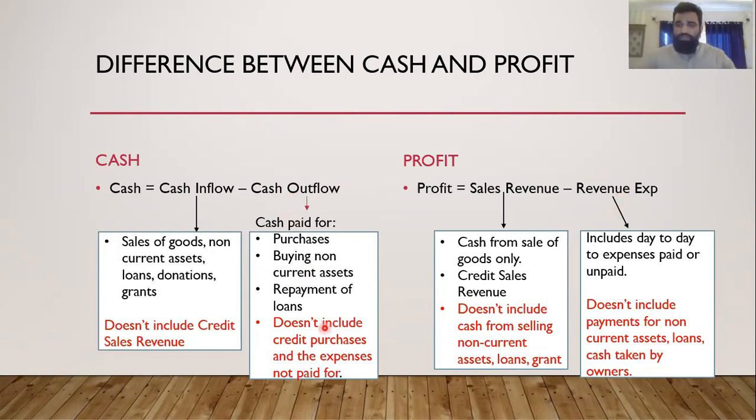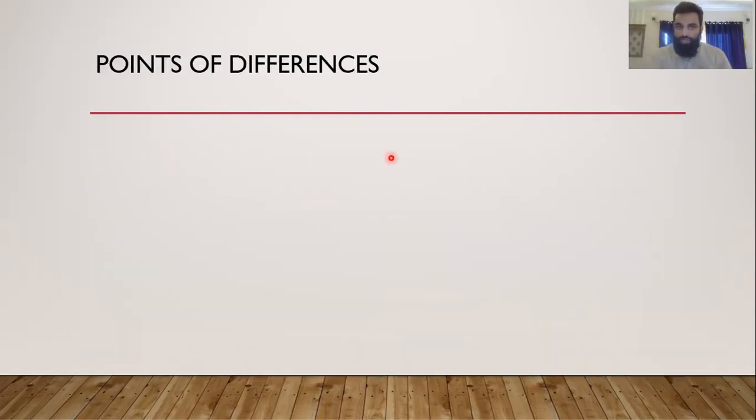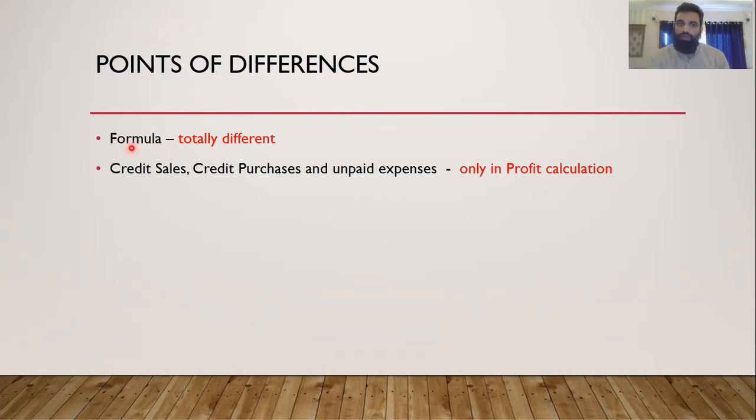So for all these reasons, cash is totally different from profit. To sum up, and to look at the points of difference, number one, the formula is totally different, right? Number two, credit sales, credit purchases, or unpaid expenses are only included in profit calculation. They are never included in cash calculation.